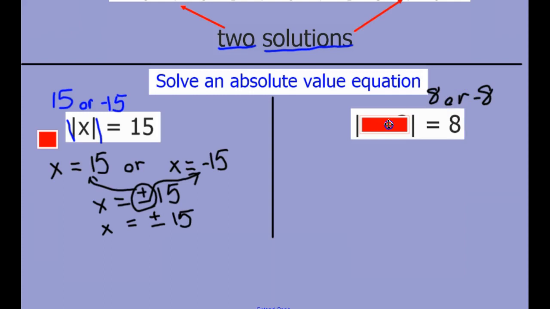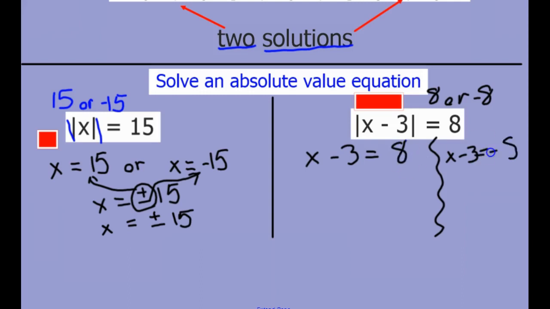So what we need to do is take whatever is in our shower, x minus 3, and create two problems. One of them is going to equal 8, the other will equal negative 8.